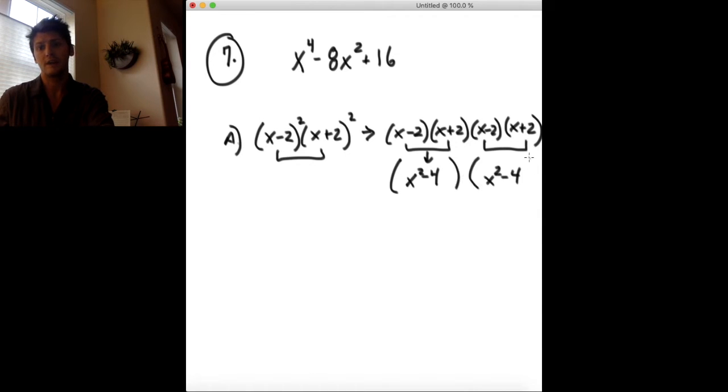When I finish this out, obviously it's convenient that this is answer choice A, because you could quickly do this work. Now you would FOIL this, you'd get x to the 4th, the outside term would be negative 4x squared, the inside term would be the same, and then the last term would be positive 16.